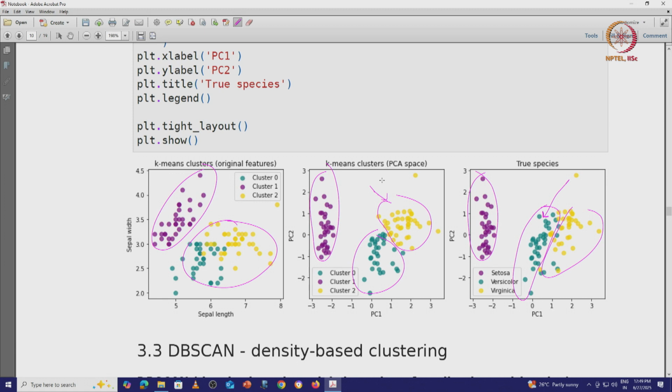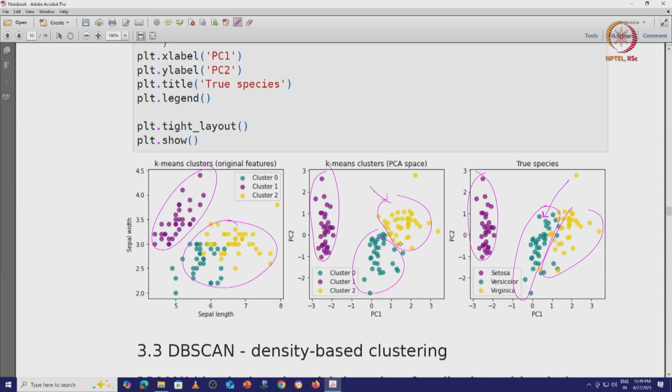So obviously unsupervised learning is not flawless, it can make mistakes like it is happening here, but nevertheless it is useful to understand the underlying structures. At least you can see that setosa is very different from versicolor and virginica type of flowers.